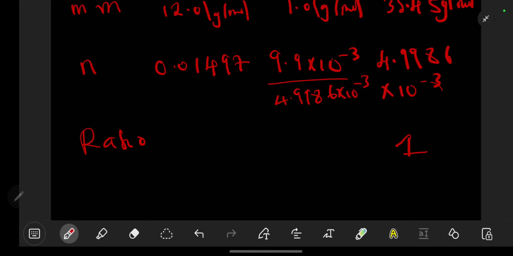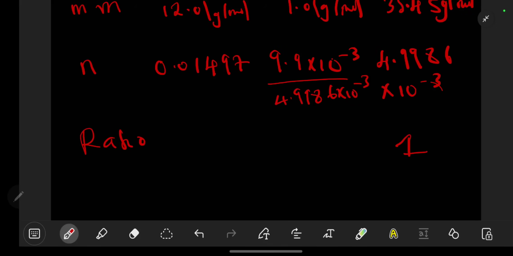So just be careful, put things in brackets. So we have 9.9 times 10 to the power of negative 3, then we divide by 4.9986 times 10 to the power of negative 3.